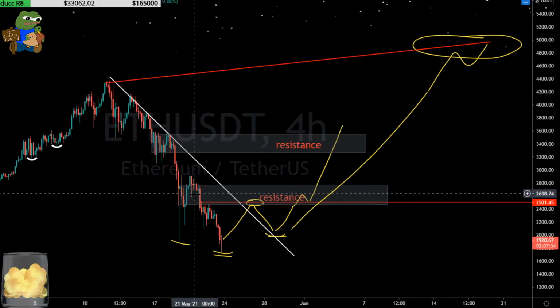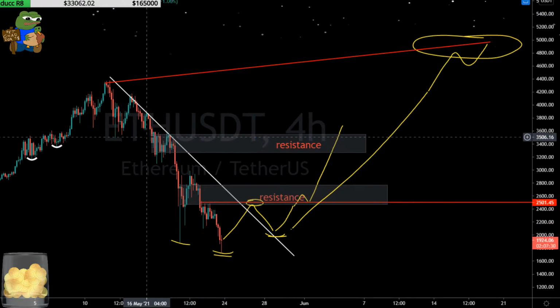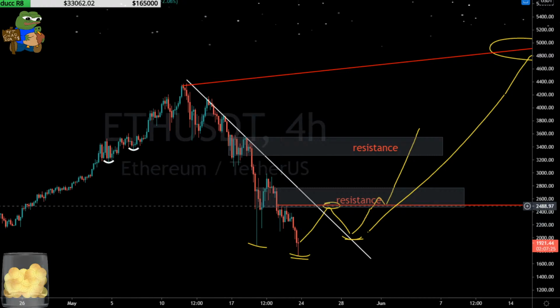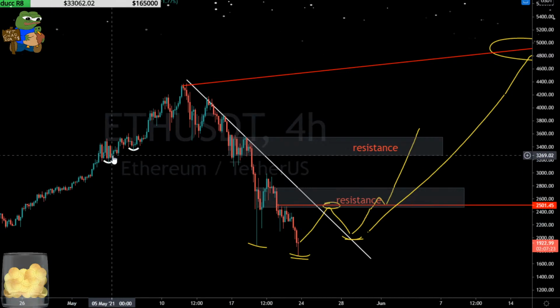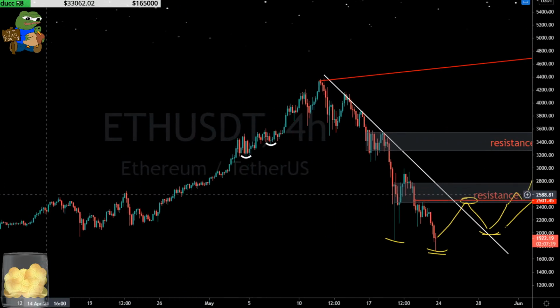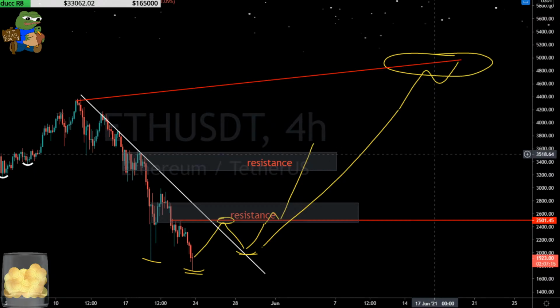We don't want to reject these areas, right? Reject. So these are definitely current regarded, what was once support, right, is now resistance.